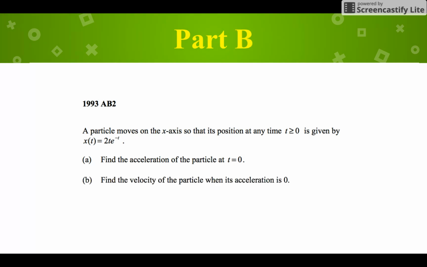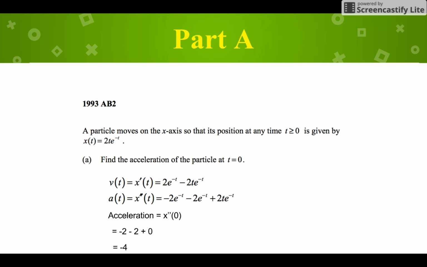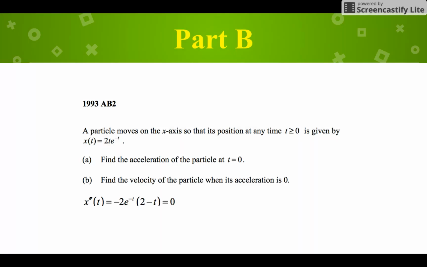So when the acceleration is 0, we have the second derivative from before, factored out a 2e to the negative t, and we set it equal to 0 so that we can find what t is going to equal. We find that t is equal to 2. So when the acceleration is 0, the time is 2.